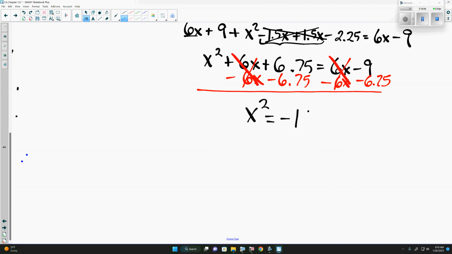Because that's negative 15.75. Why does that not work? It's a negative, because we can't take the square root of both sides, because the square root of a negative would be i. No solution.